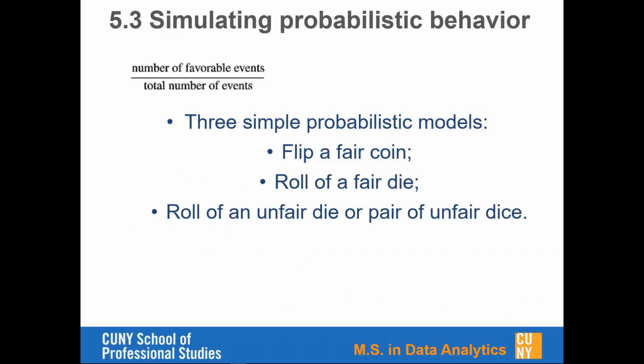And then we discussed how to simulate probabilistic behavior, and simple probabilistic models. You flip a fair coin, you roll a fair die, or roll an unfair die, or a pair of unfair dice, and then you can estimate the probability based on simulation.